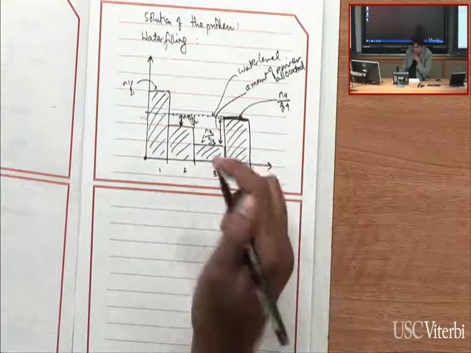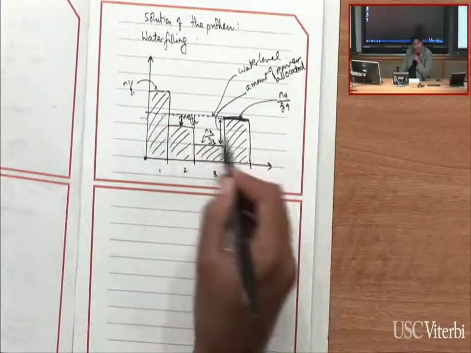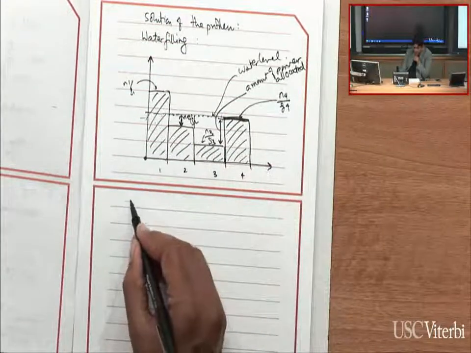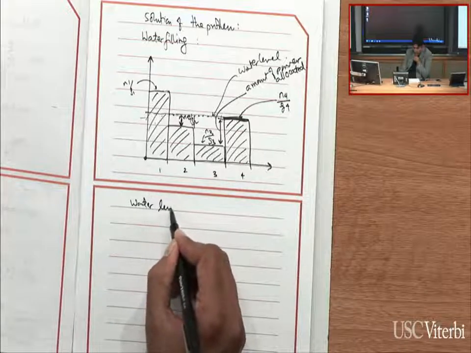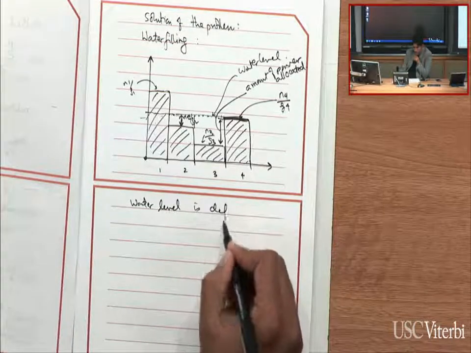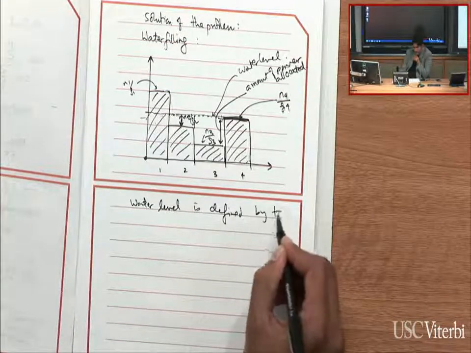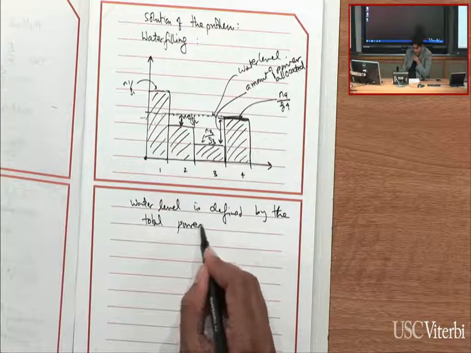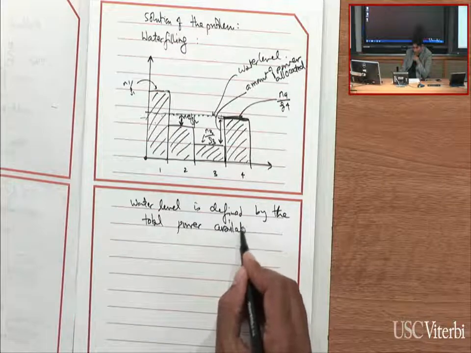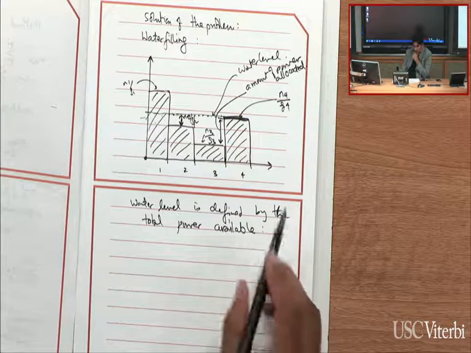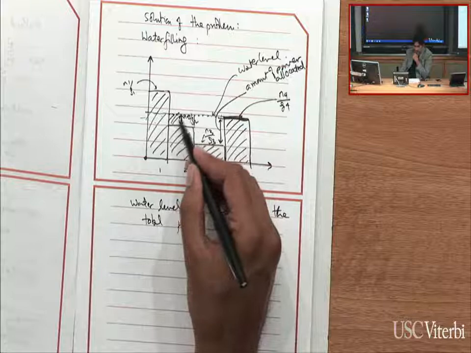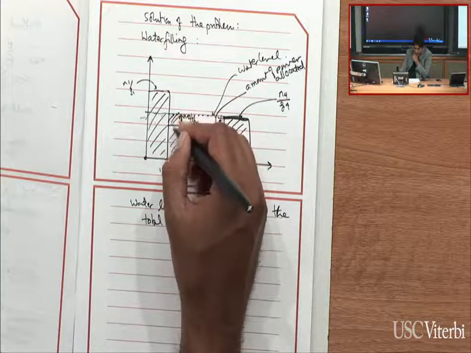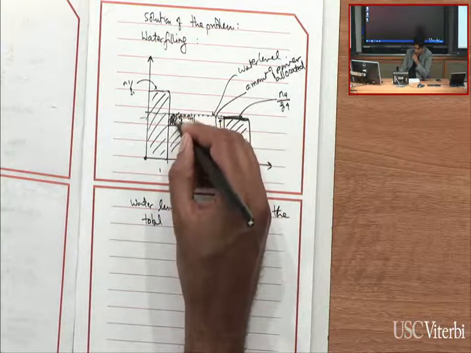So how much total water do you have? What defines the water level? It's defined by the total power that's available. In other words, how much power you allocated to this? Let me use a different way of hatching this, maybe.